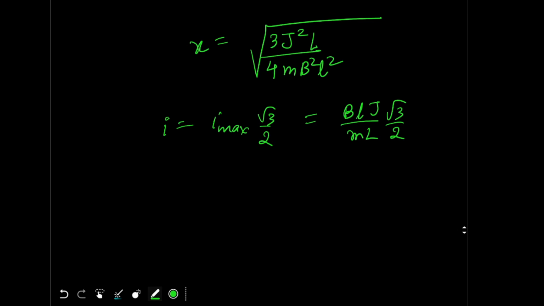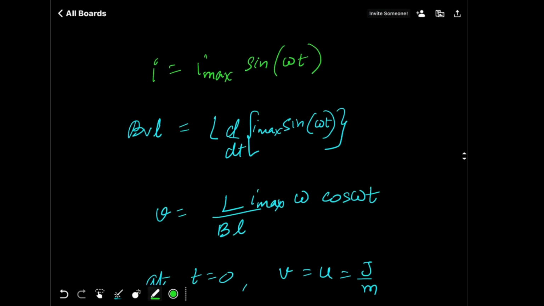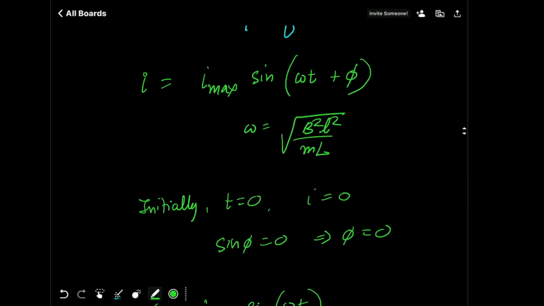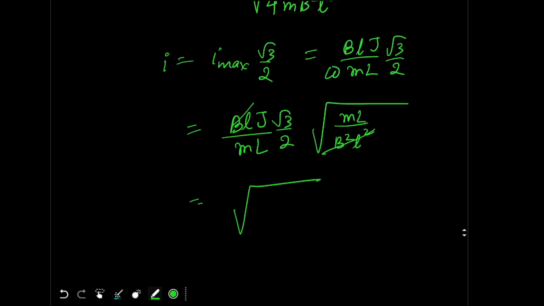So putting omega in the denominator, I get BLJ by ML root 3 by 2, and omega is B square L square by ML. So obviously this part will get cancelled out. So I get this to be equal to root 3J by 4 ml.